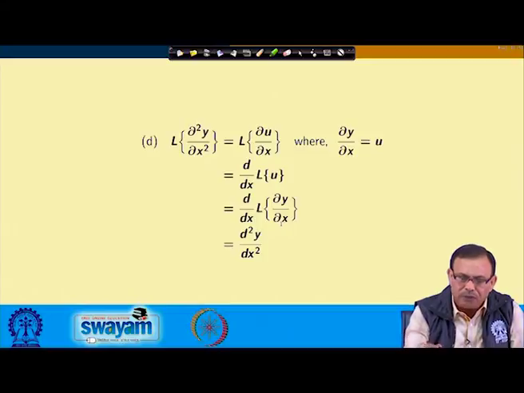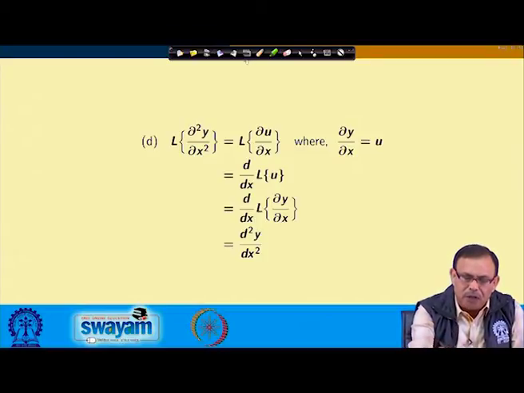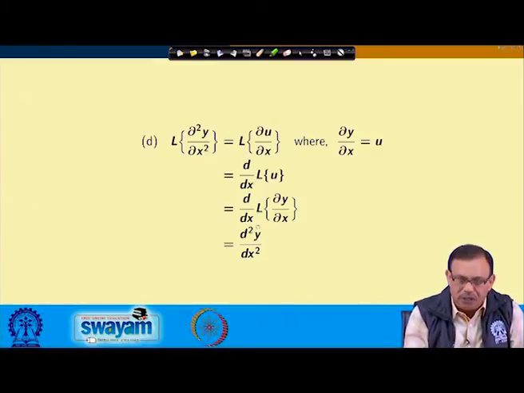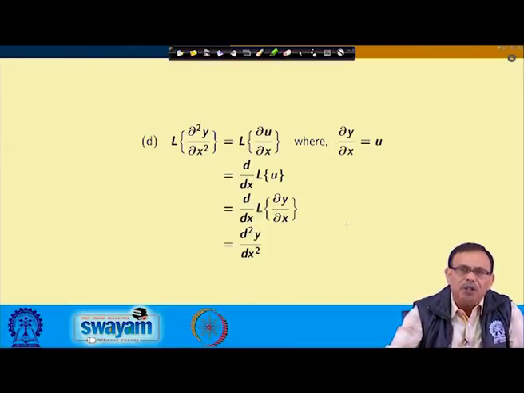Please note this and make changes: d2 y bar dx square will come over here. So, this completes the proof of these four things.